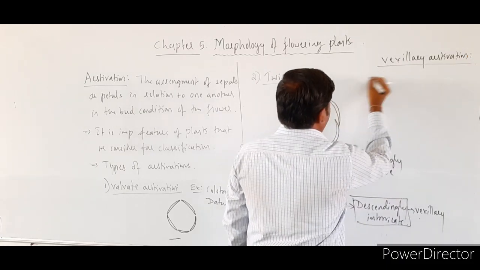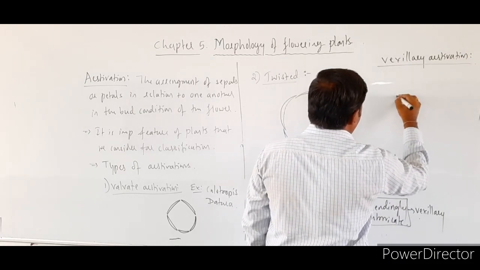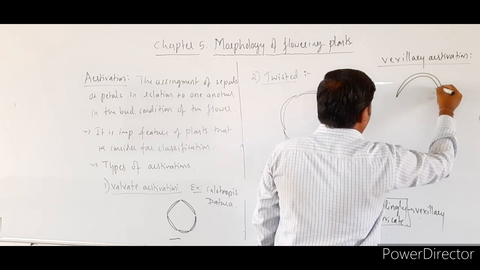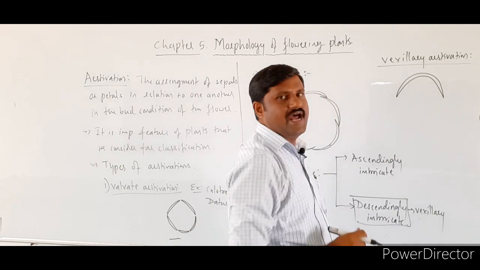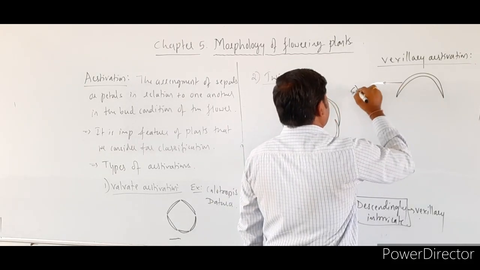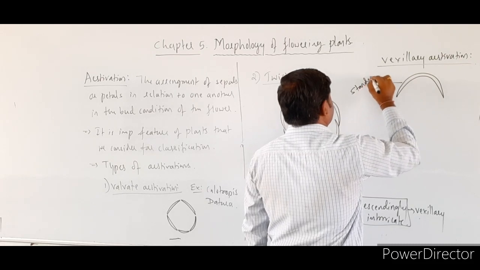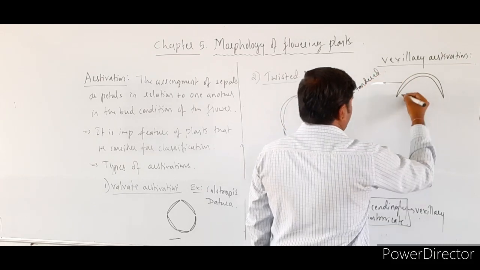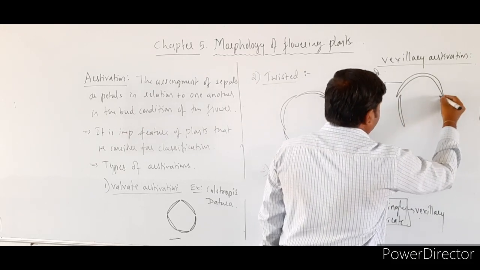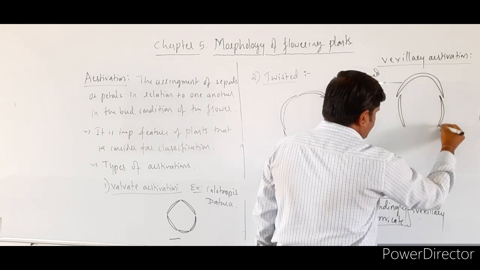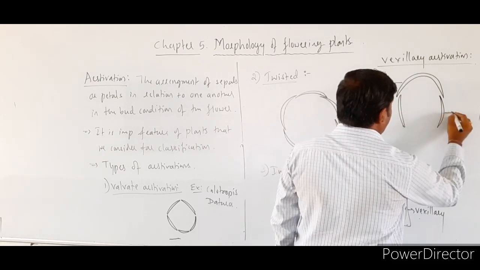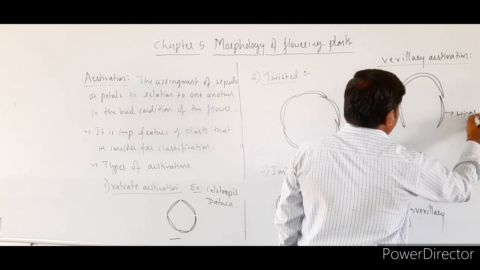In this condition, you come across a large petal which covers two lateral petals, and this larger one is called the standard petal. The two lateral ones are known as wings.